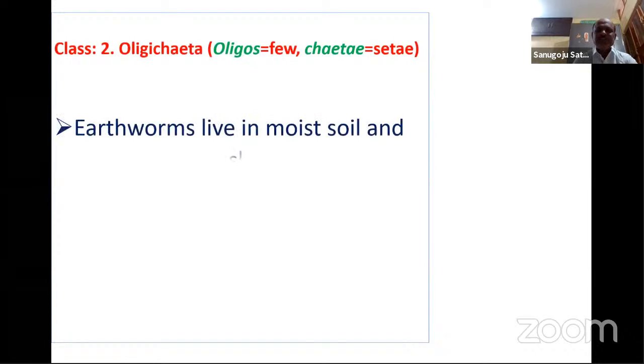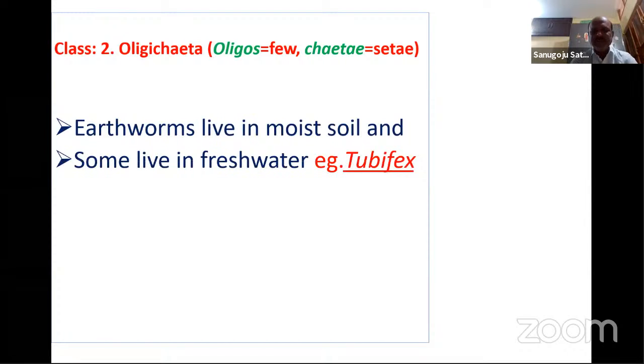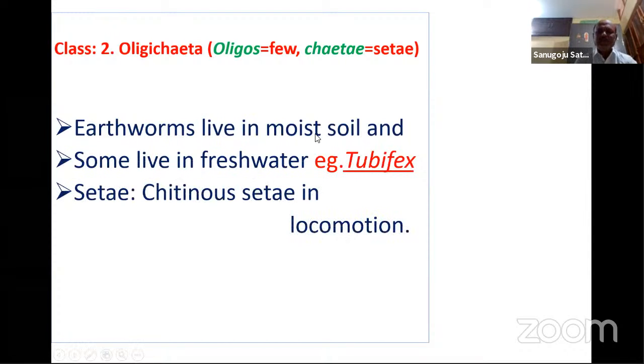Polychaeta is over. Next, Oligochaeta. Oligo means few, chaeta means setae. Earthworms live more in moist soil and some live in fresh water. The freshwater forms are Tubifex, and earthworms live in moist soil.